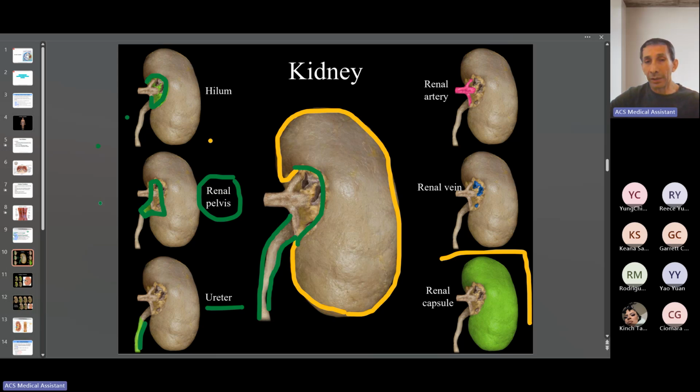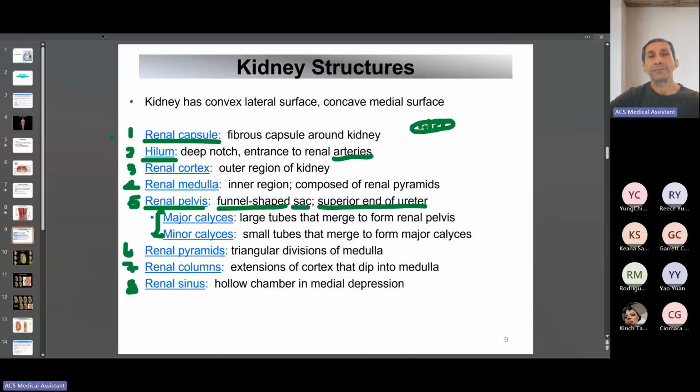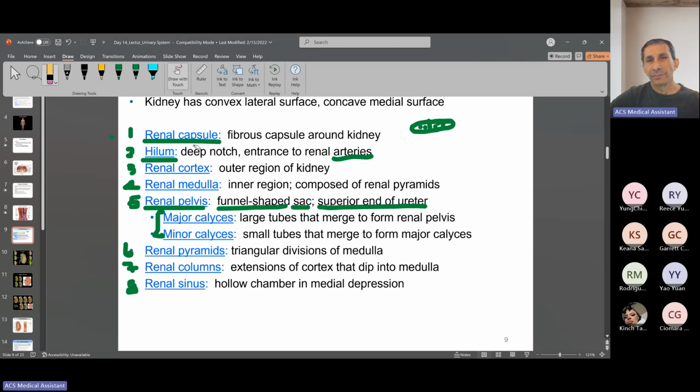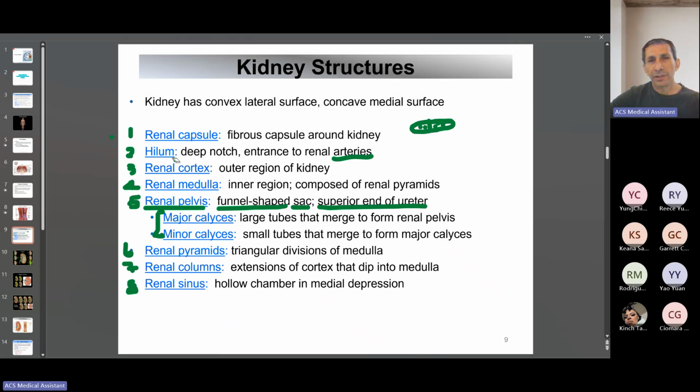So moving along, let's go back to the lecture. So let's remove all this. Okay, so this is the renal pelvis. In a little bit, I'm going to tell you about the renal cortex and the renal medulla, because these are the two major layers of the kidney.